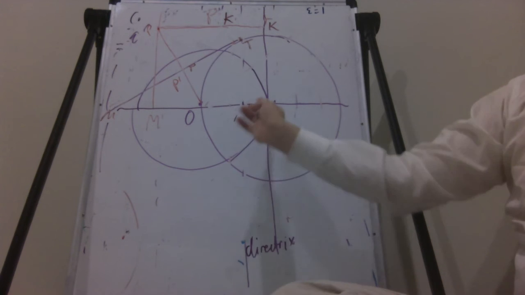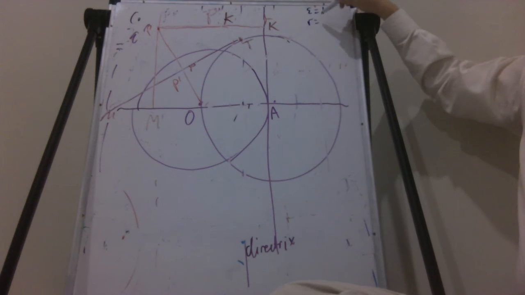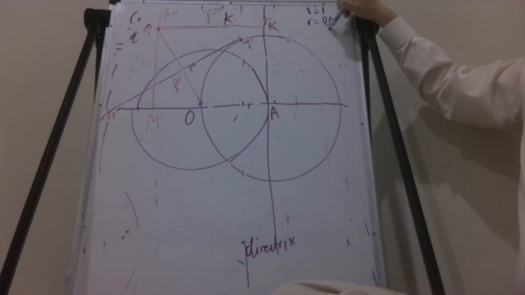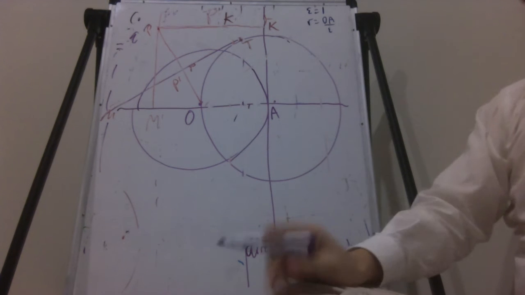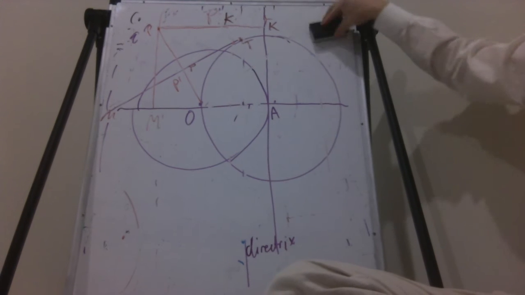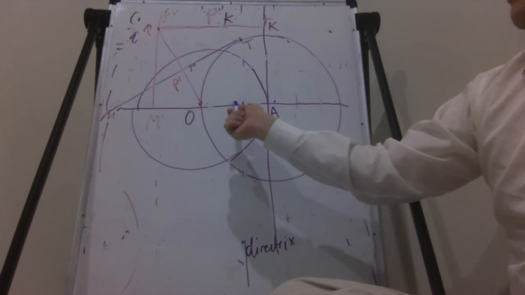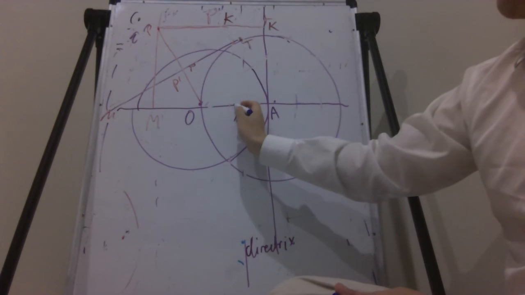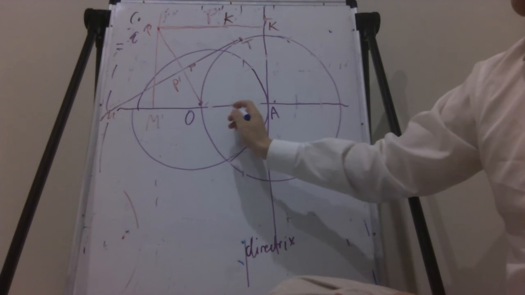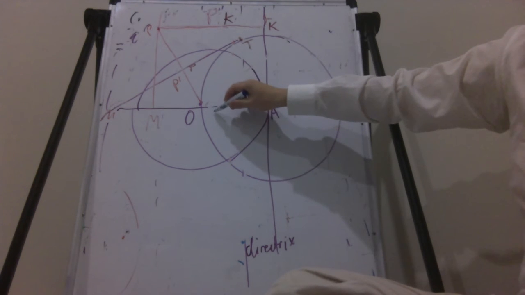So the radius will be OA. Define the radius to be OA on epsilon. For the parabola, you can see, for example, you take the midpoint, which is half OA.